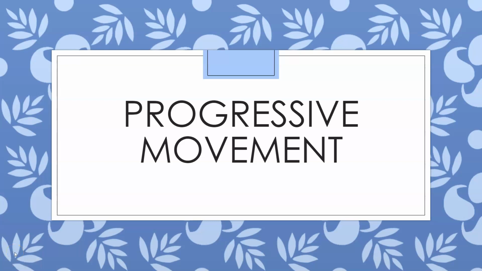All right, this is the beginning of Unit 2, and you see the title here, Progressive Movement, and you see the root word progress. So I want you to remember that people who were part of the progressive movement were people who wanted to make progress from problems that our country was facing.